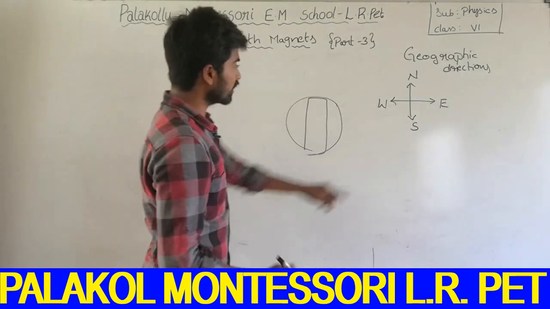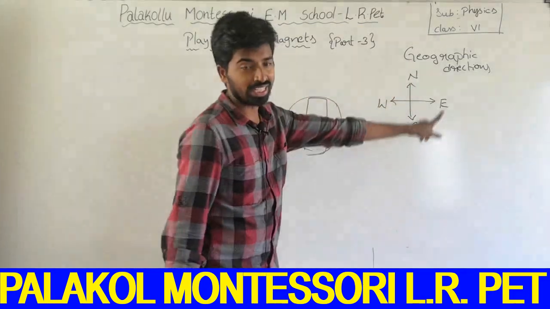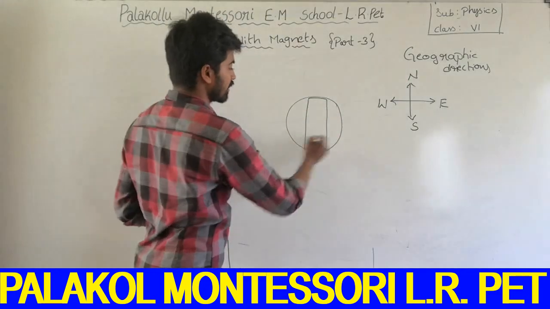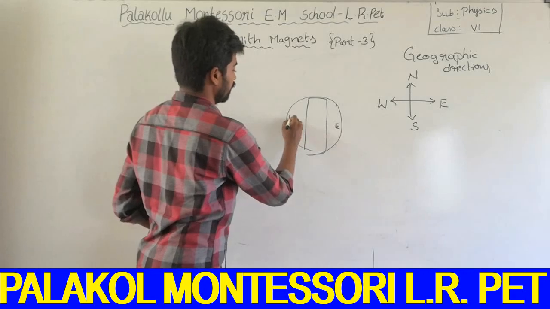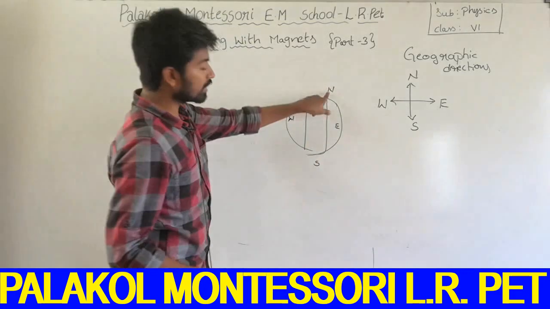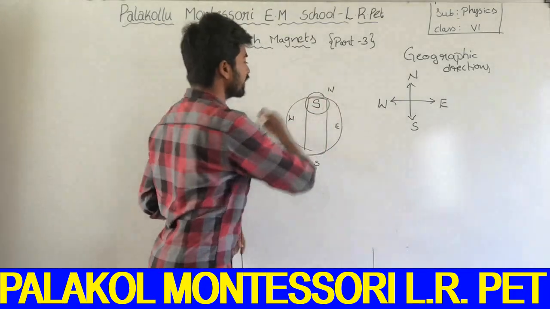These are the geographic directions I have represented here: north, south, east, west. Towards geographic north, the magnetic south pole will be there.